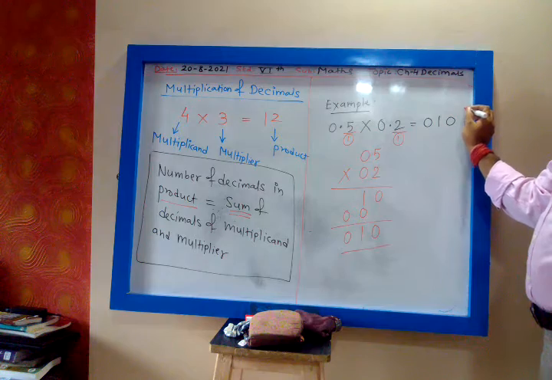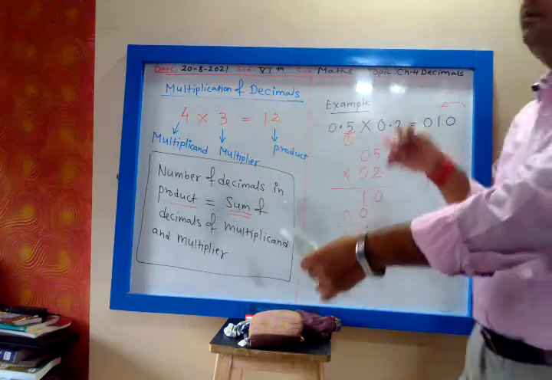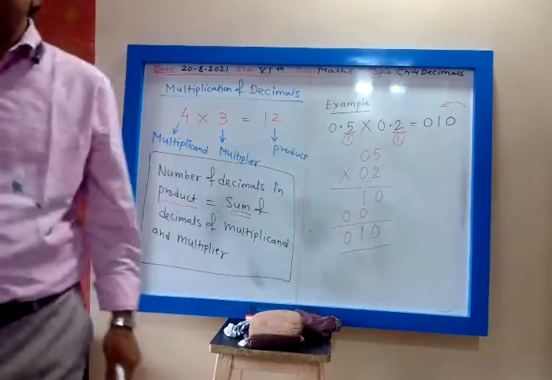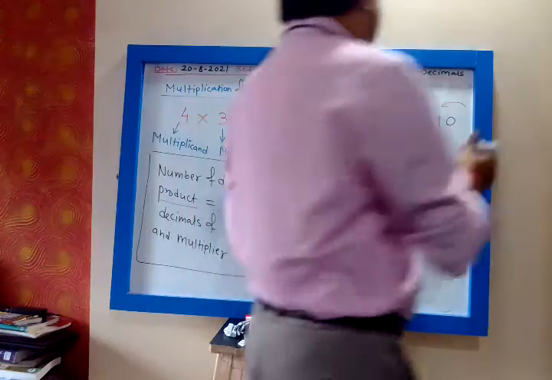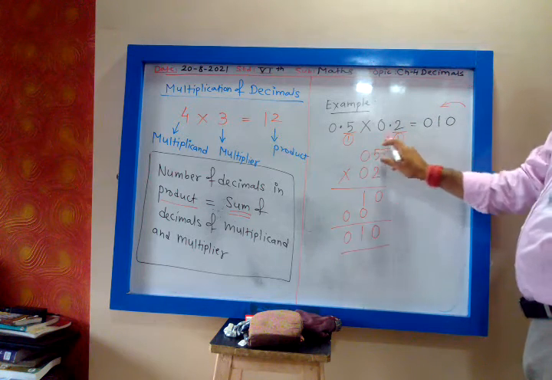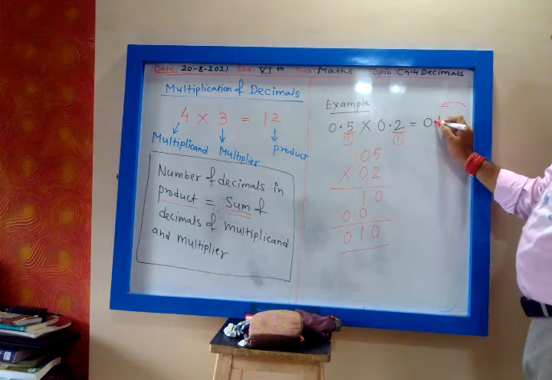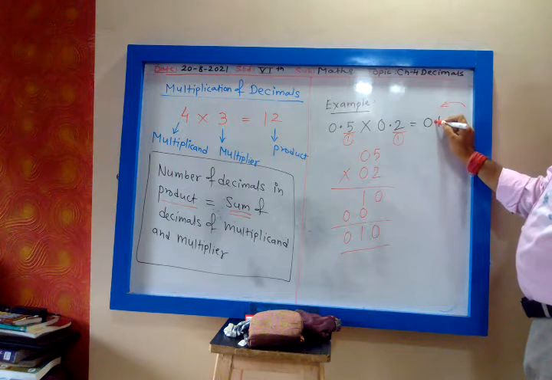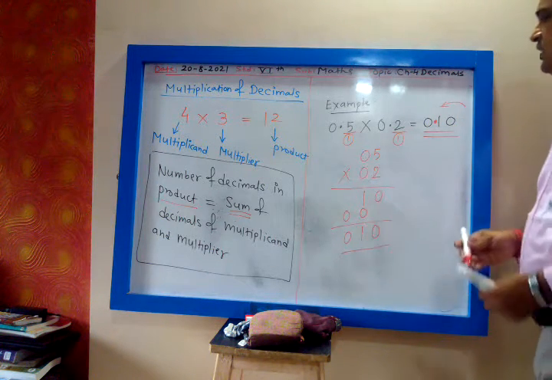So you will move from right to left and place the decimal after 2 places. Direction is from the right side. So 0, 1, place the decimal. 0.10 is the answer.